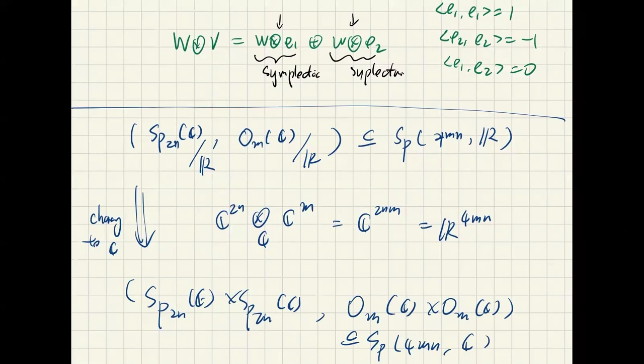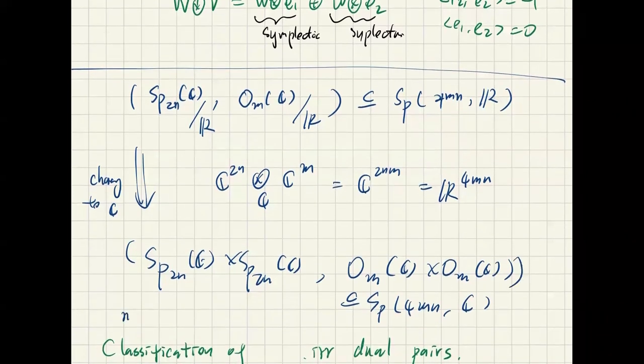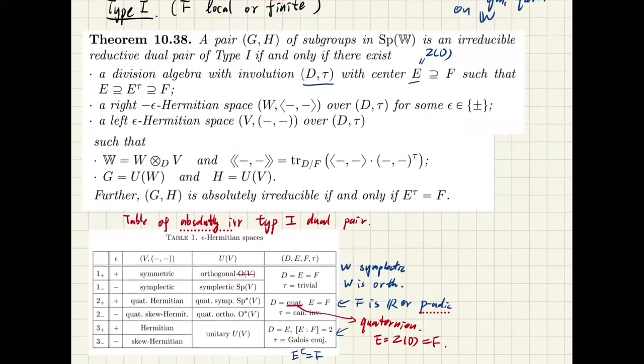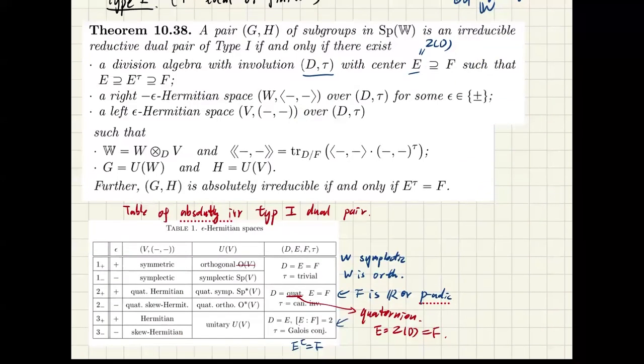So this dual pair is not irreducible, because it is essentially from a dual pair over the complex numbers. So for the classification, you only consider the simplest case.